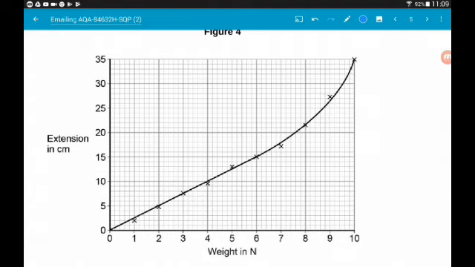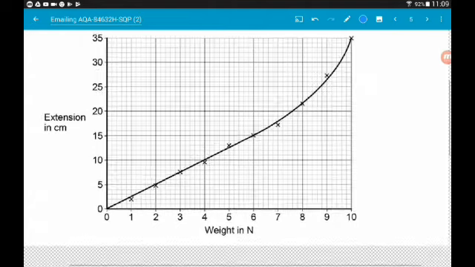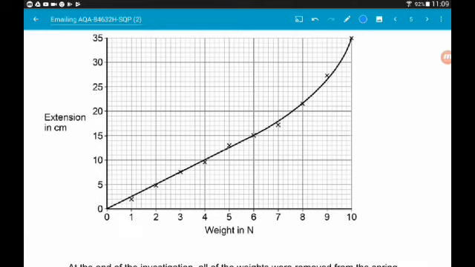It's then become a curve. So that means that the extension and the weights are no longer in direct proportion. As the weights increase after about 7 newtons, the extension speeds up. So we're no longer talking direct proportion.